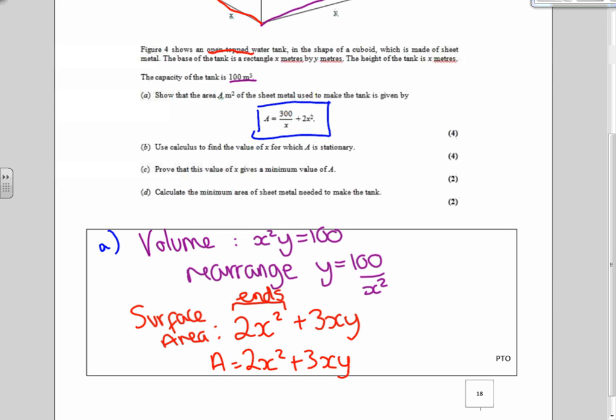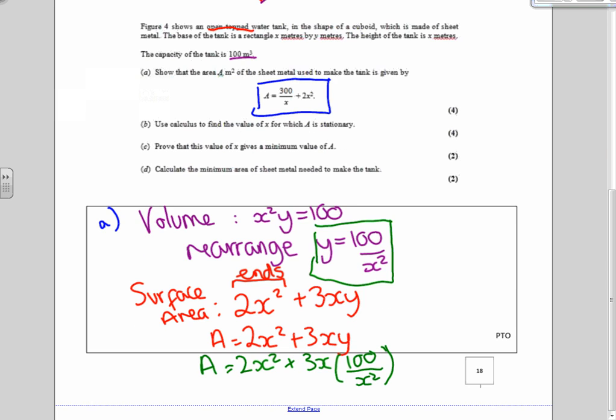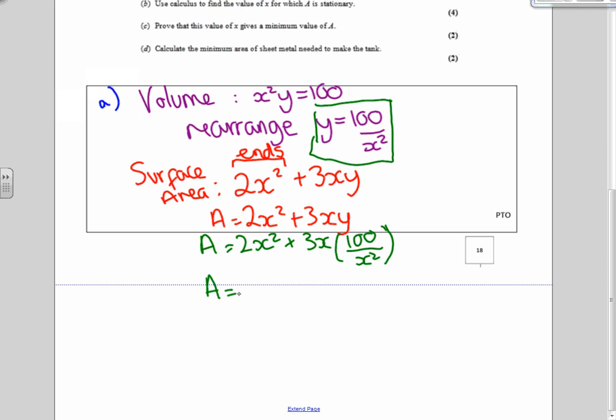And now this is where we're going to substitute in the y that we found from rearranging the volume. So if I substitute that in, that'll give me A equals 2x squared plus 3x times 100 over x squared. And if I expand that bracket, I get A equals 2x squared plus 300 over x, because that x cancels with that squared there.